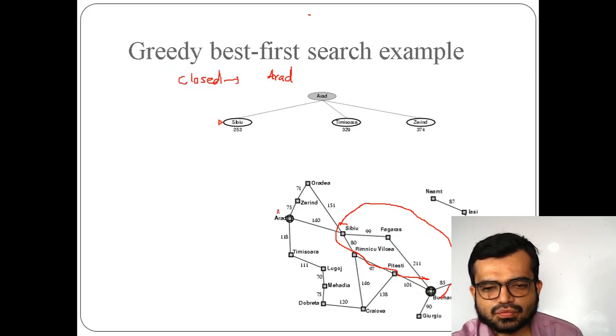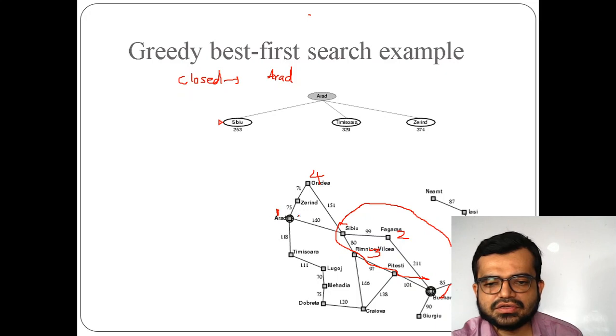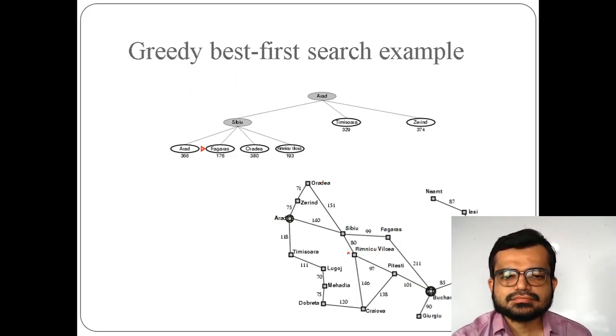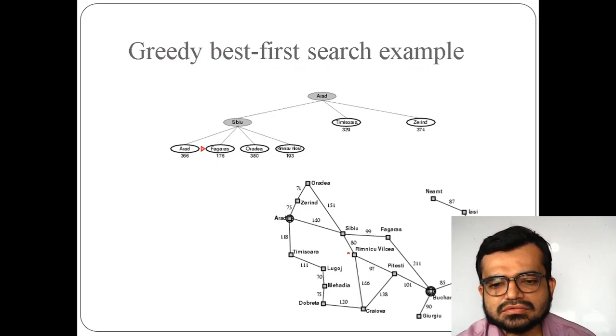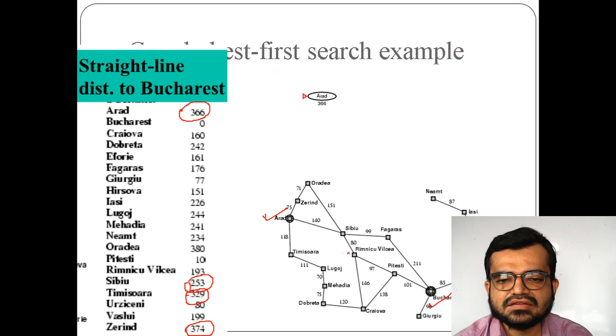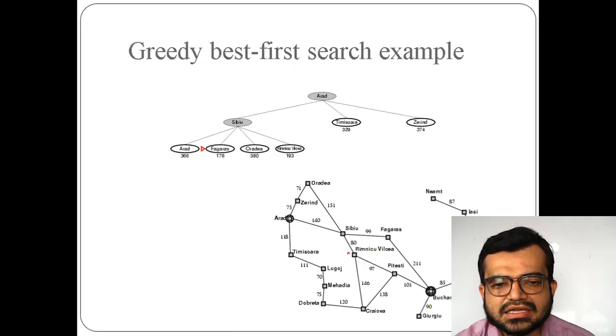This is 1, this is 2, this is 3, and this is your 4. From here to here, 1, 2, 3, 4. Okay. So now we have to see the distances. You will get the distances from here, and it will select the least distance from this location.